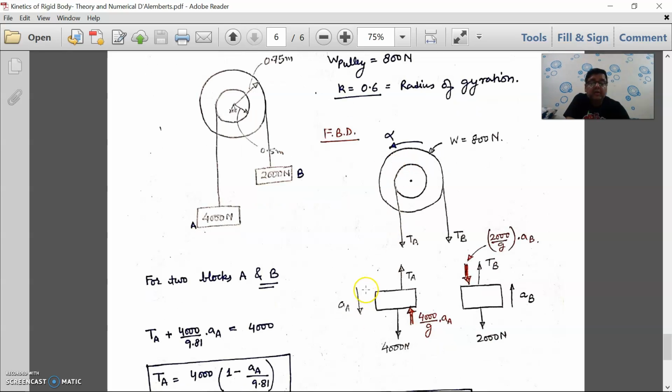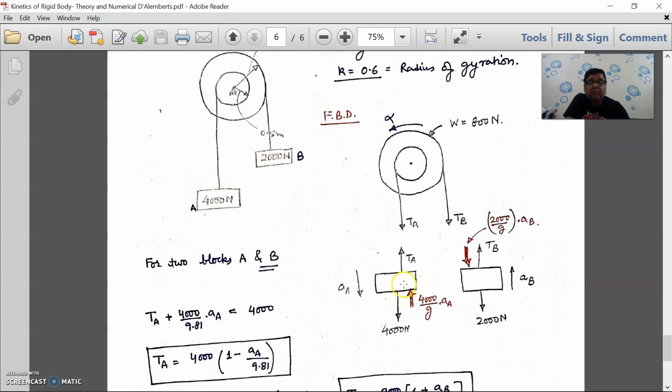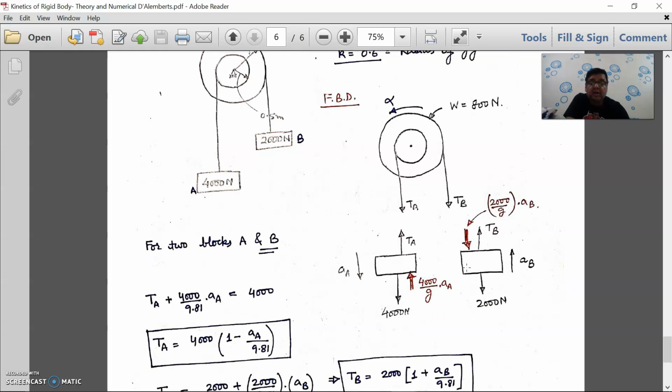For block A, I applied the D'Alembert principle on the opposite side since it was going down. For block B, since it was going up, I applied it against the direction of motion.